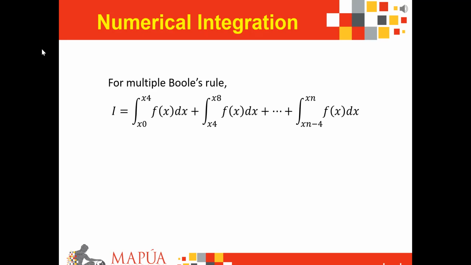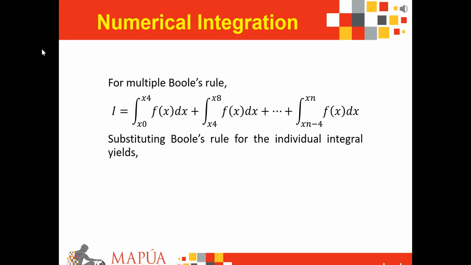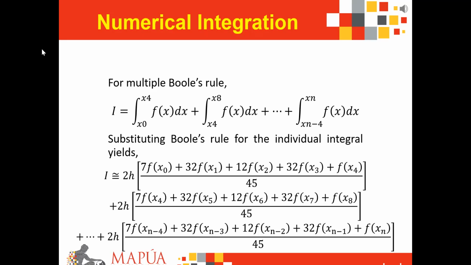Applying Boole's rule for each of these individual fourth order functions gives us a formula like this. And you would notice that each fourth order formula has a common factor of 2h over 45, which we can factor out.